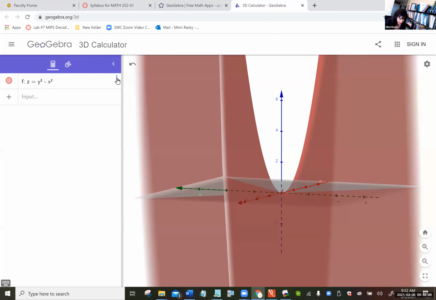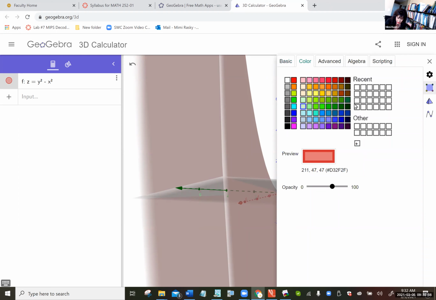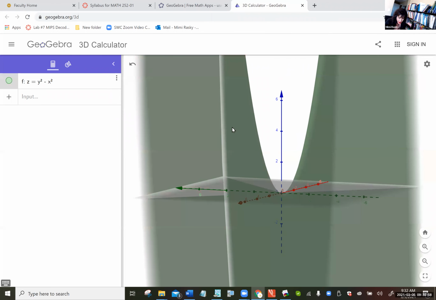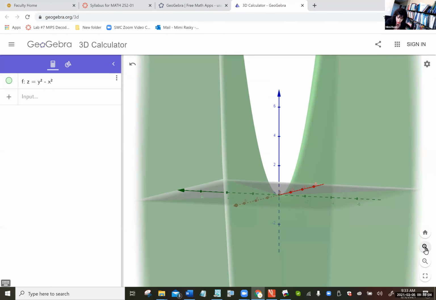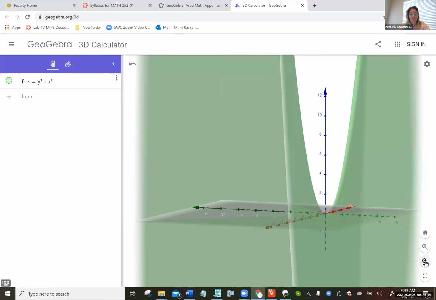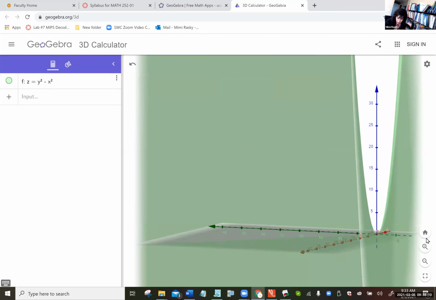Let's see if I change colors. Settings. Let's do that. Ooh, nice. I wonder if I could zoom out. Can I? No. Zoom out some more. No. Okay. It's kind of hard to see.